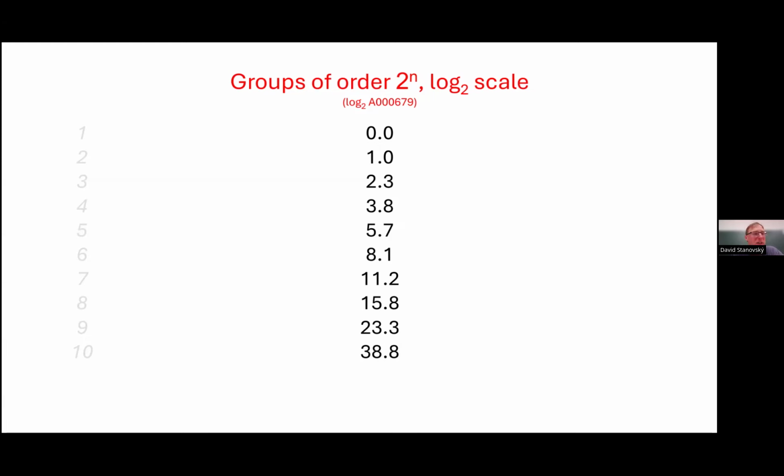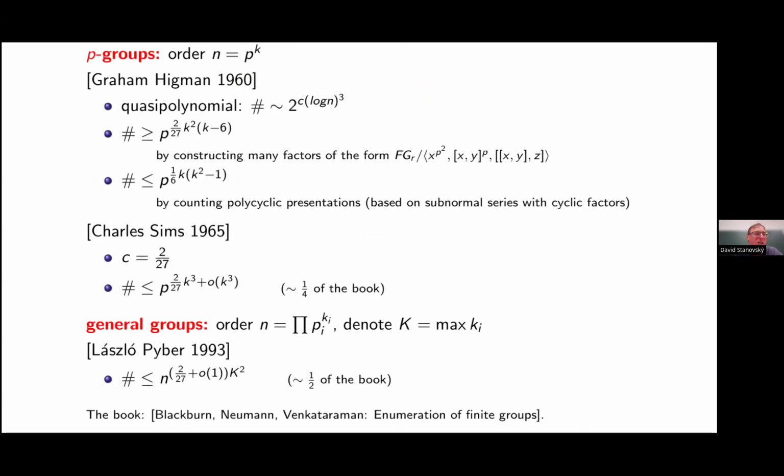Here comes difficult mathematics. The bounds are known, and this is a summary of the results, which explains the growth of the sequence.